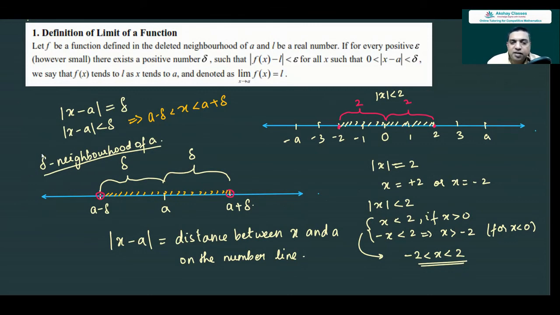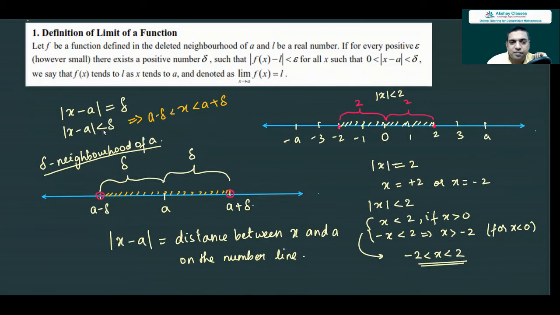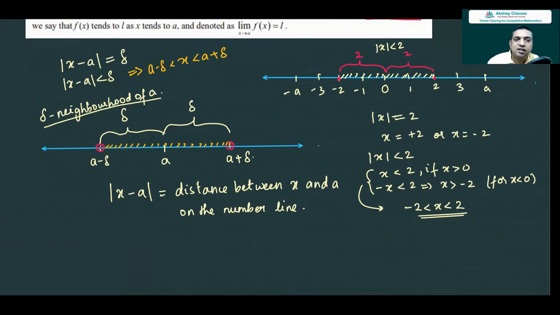Mod of x minus A will become 0 when x is exactly equal to A. So otherwise modulus is always positive, but it can be 0 when x equal to A. So what this expression means is 0 less than modulus of x minus A less than delta, means x cannot take the value A. Everything else is the same except that x cannot take the value A.